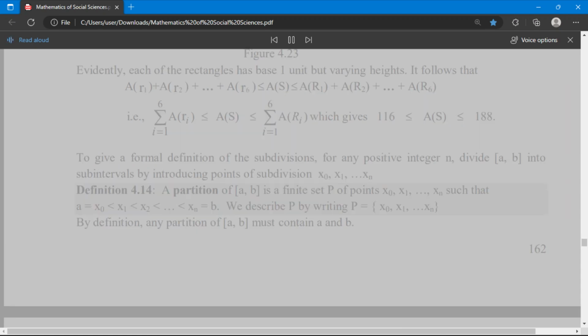Evidently, each of the rectangles has base 1 unit but varying heights.